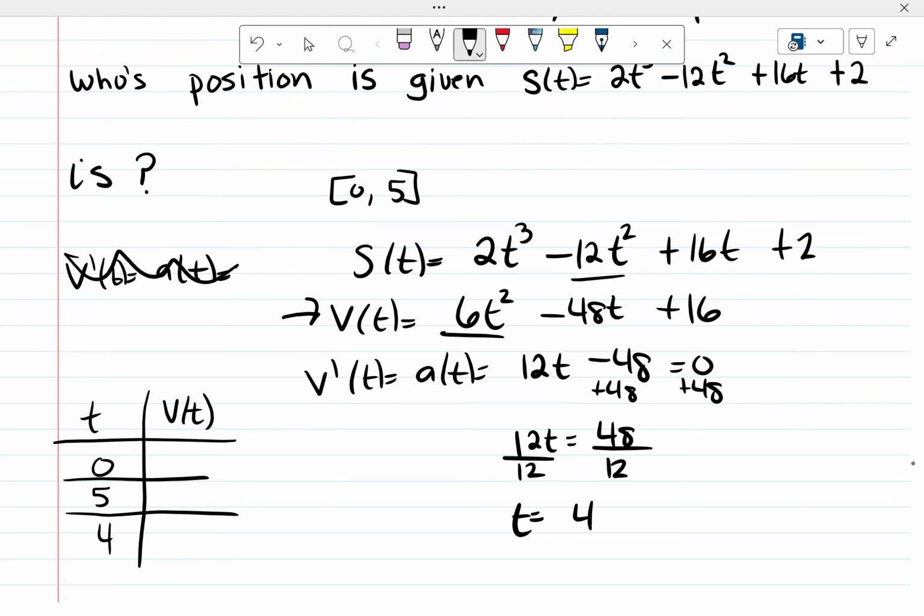We're putting 0 into v of t, this one right here. When you plug in 0, it spits out 16. Then plug in 5 into v of t as well, and it spits out negative 80. And when you plug in 4, it spits out negative 74.